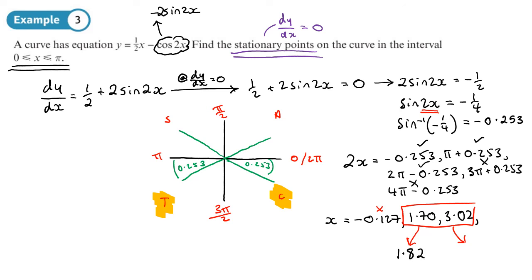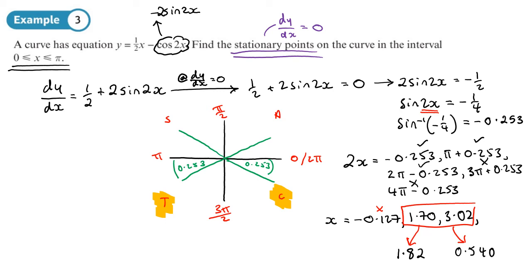And if I now just scroll back and change that 1.70, delete it and change it to 3.02 in both places, that now gives me a y coordinate of 0.5394, so to 3 significant figures that's 0.540.